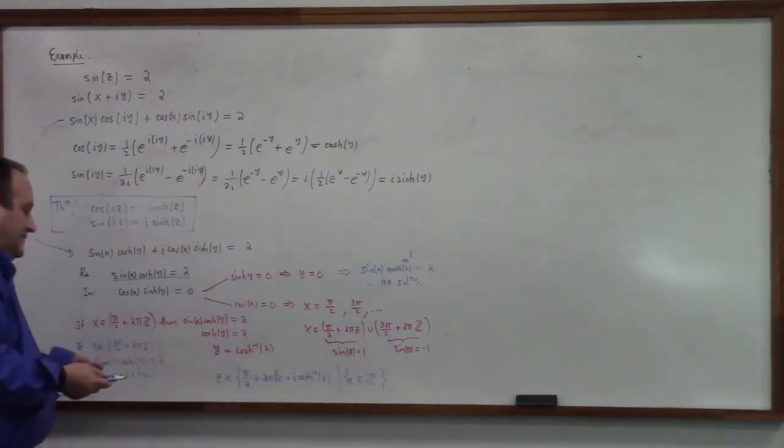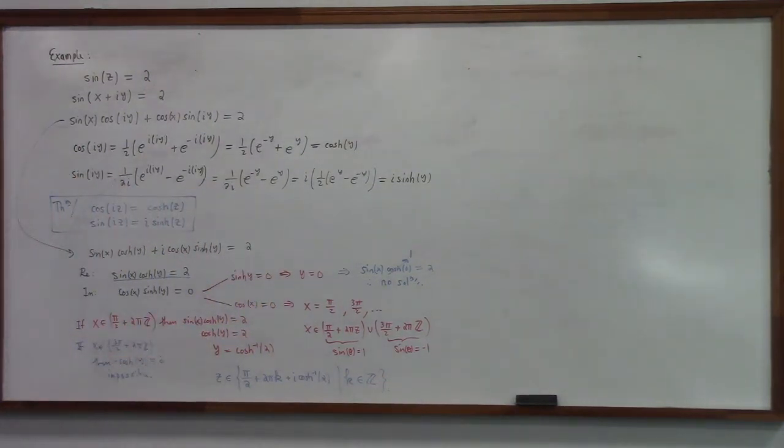There you go, that's the answer here. So in your homework, you have something like solve sinh of z equals i. This is the kind of approach you need to take. You need to break it into real and imaginary parts and deal with what happens there.